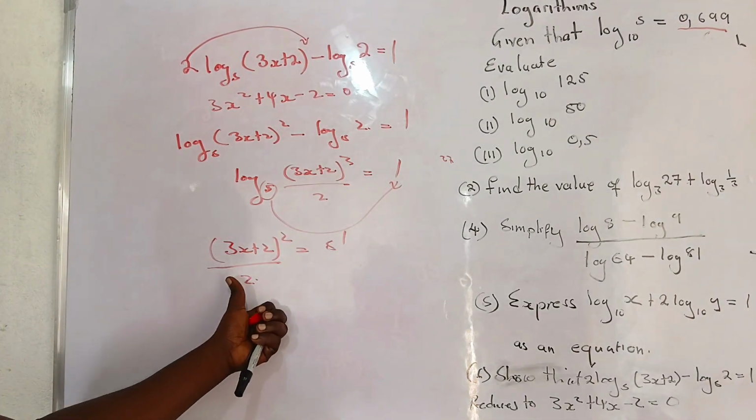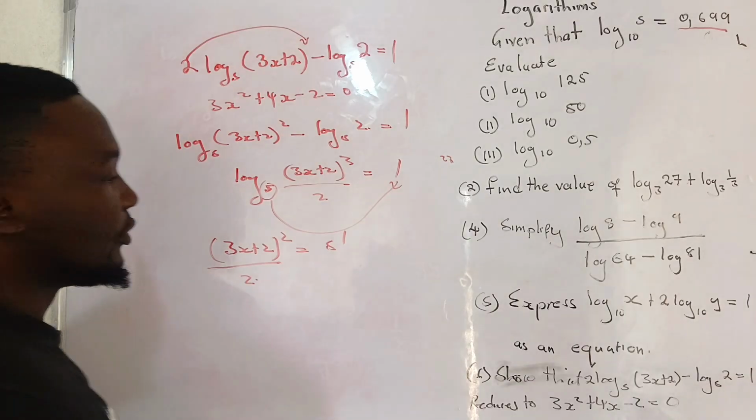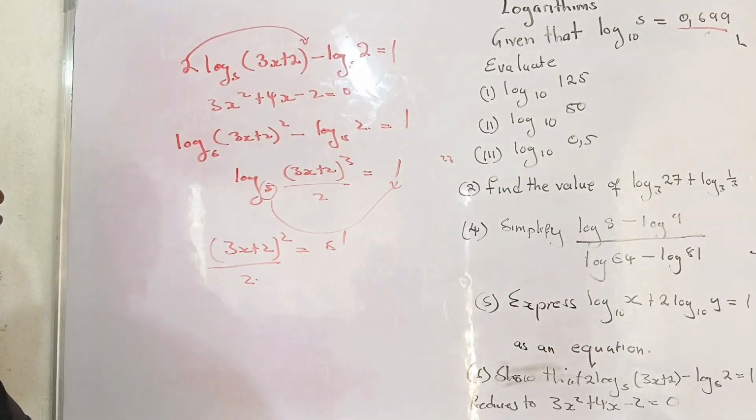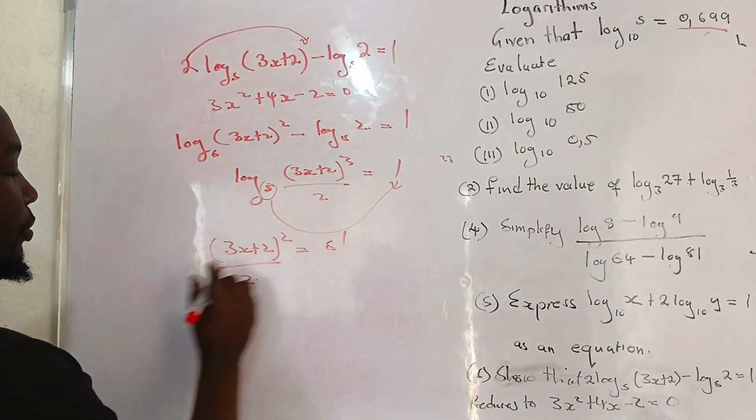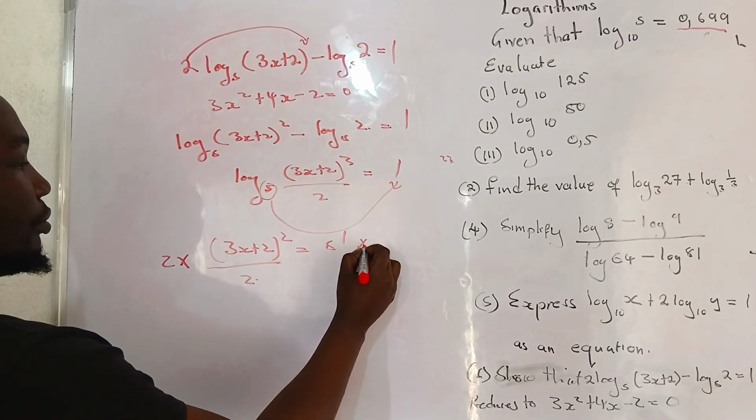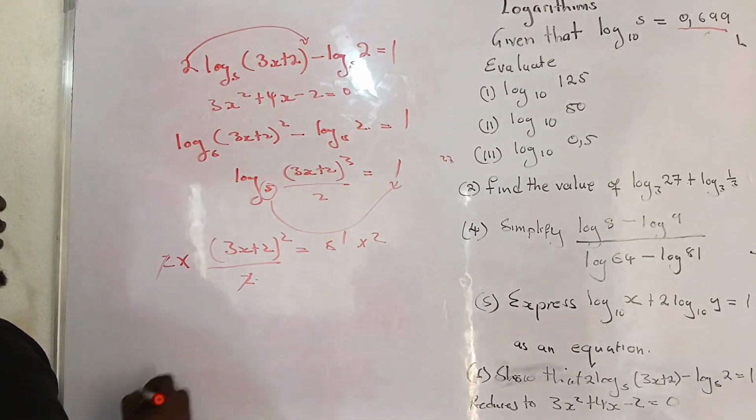And now I have this equation. So let's multiply both sides by 2. These 2s cancel out.